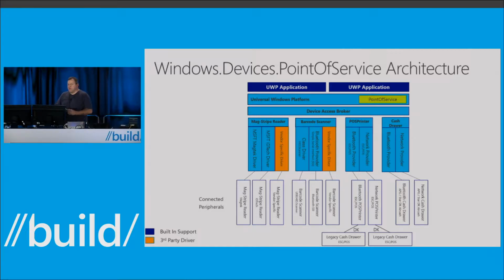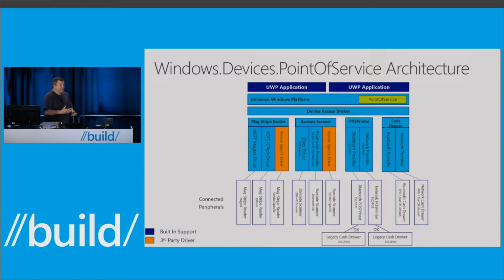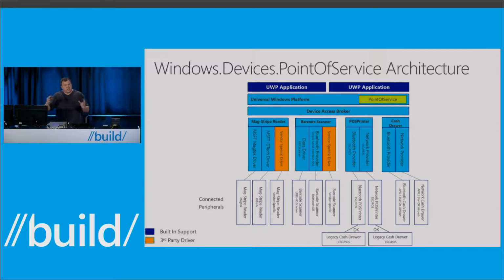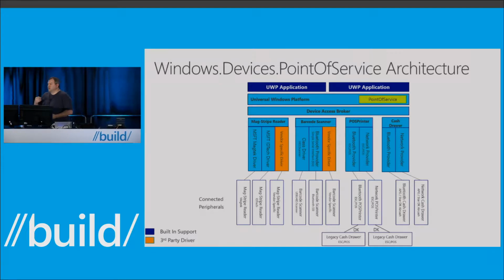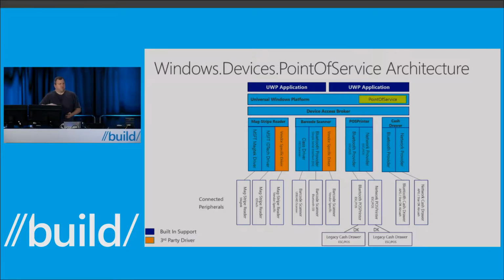Underneath that, we have a device access broker so that multiple apps can run on the machine at the same time and share the hardware. This will have some impact on best practice for developers, since the hardware is not going to be exclusively owned by you unless you request that.